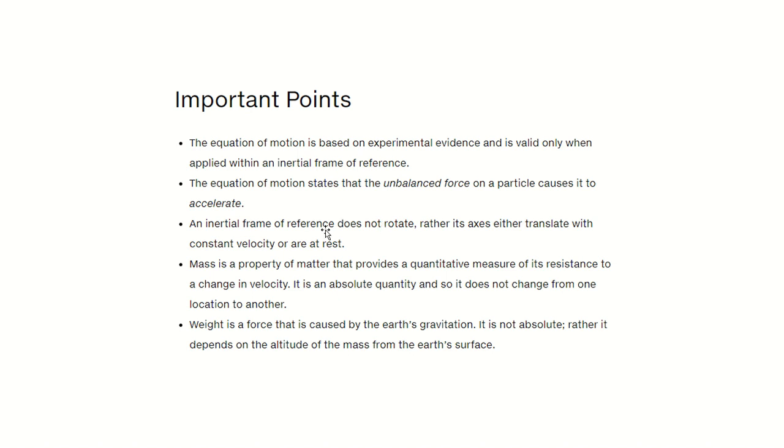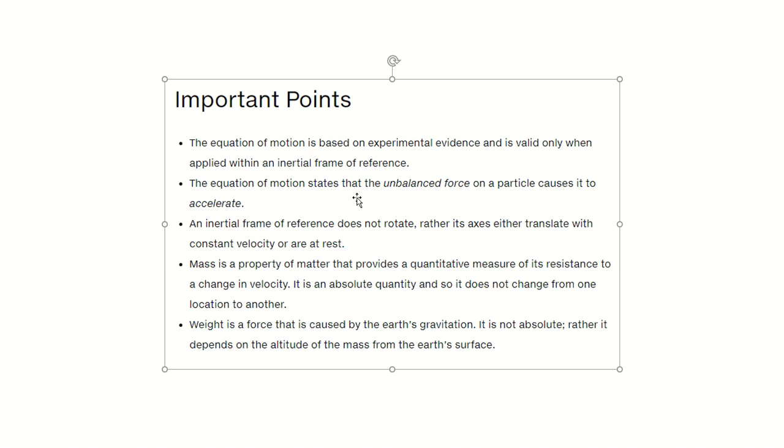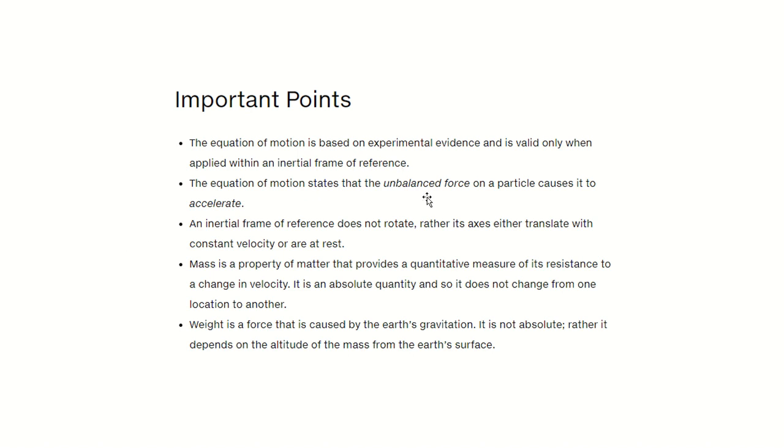Okay, so the equation of motion, of course, you have all the equations. We have seen several equations already. Your F = ma is repeated here again, your unbalanced force on a particle causing it to go with an acceleration, so you get force is equal to mass times acceleration. Then we link acceleration to velocity change over time, and then velocity to the displacement over time.